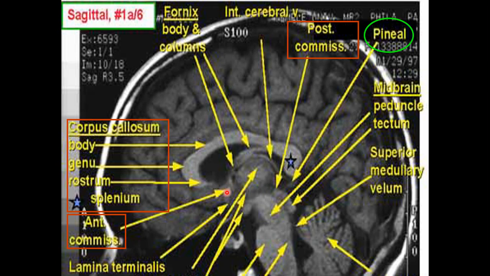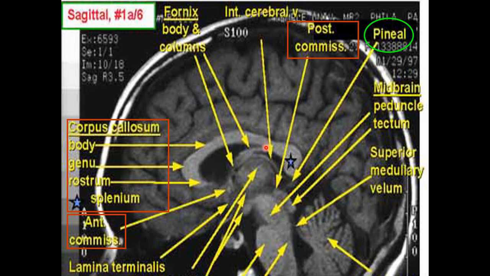Just here at the anterior wall of the third ventricle, this is the third ventricle, the anterior wall or anterior boundary is called the lamina terminalis, and here you see the anterior commissure. This is the lamina terminalis, which is the anterior end of the third ventricle.